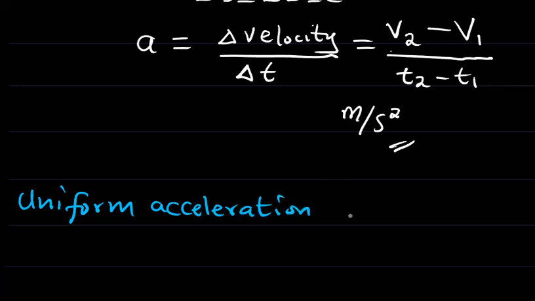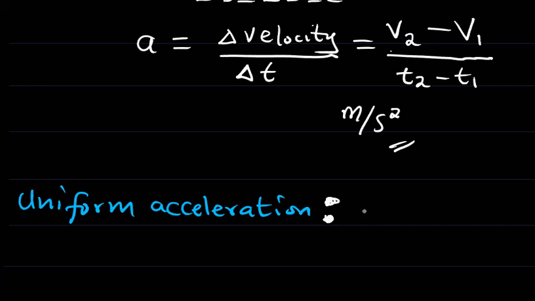When the speed or velocity of an object increases, and of course the velocity increases at a constant rate at all points, then such motion is said to have a uniform acceleration.